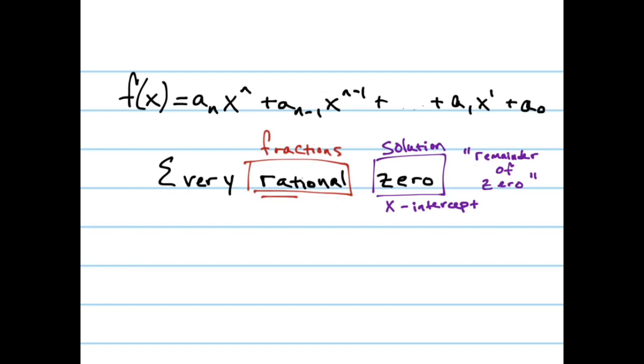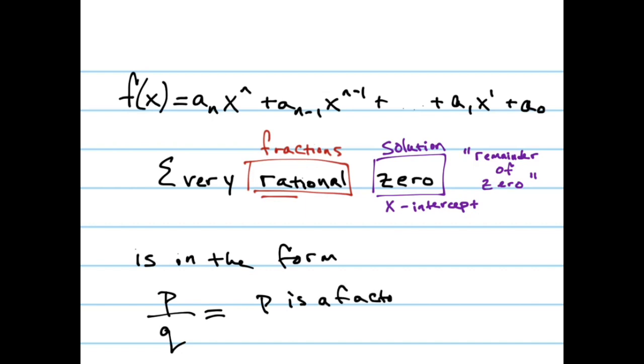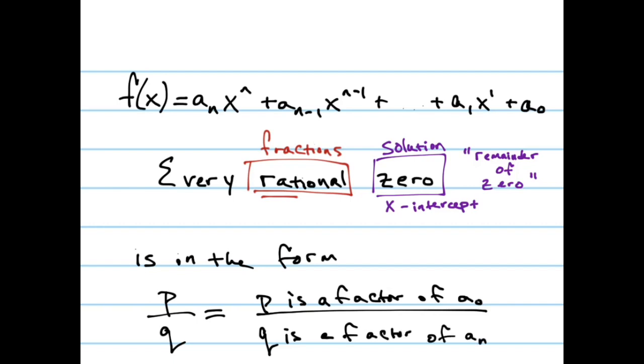So when we have a polynomial, every rational 0 is in the form P over Q, where P is a factor of a sub 0, and Q is a factor of a sub n.